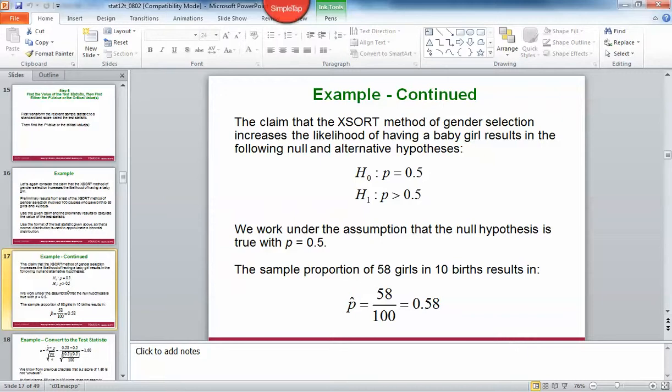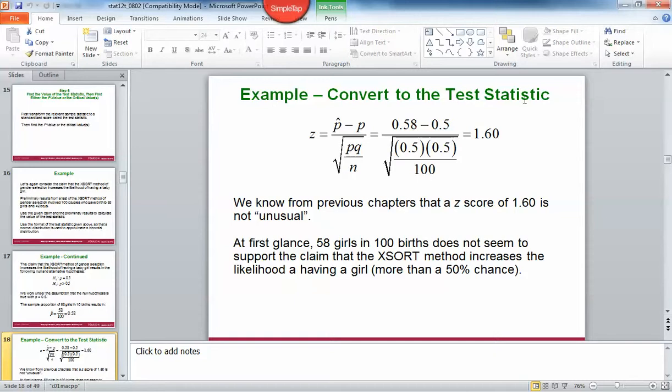So if we were looking at that same study, the one that had 58 girls and 100 births, then p-hat is equal to 0.58. We can calculate the test statistic by saying p-hat minus p over the square root of, now this isn't p-hat and q-hat down here, this is p and q.